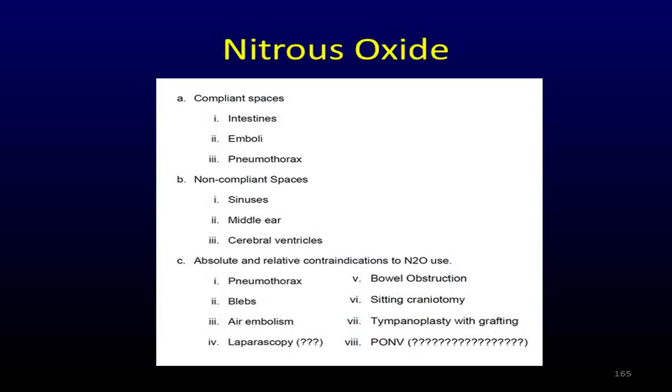Now imagine giving nitrous oxide into that pneumothorax. Okay, so let's just take this picture. Someone is spontaneously ventilating in your OR. You have a mask on them. And they have this pneumothorax. It starts to get bigger and bigger with the nitrous.